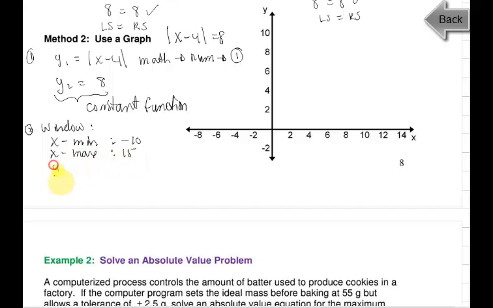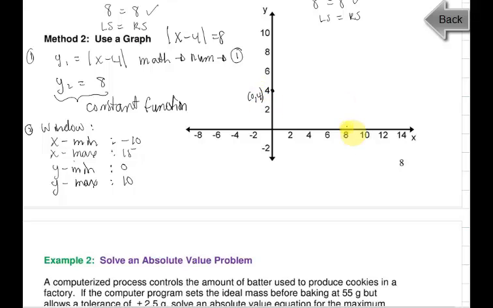Your y min, make that 0, and your y max, make that 10. Okay, so when you graph y1, you're going to find that you will have a point at (0, 4).